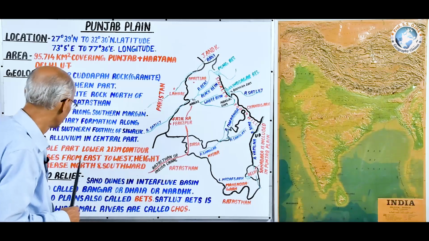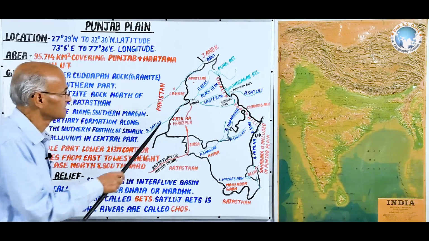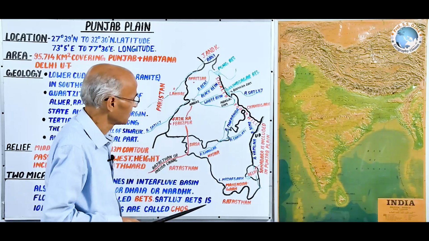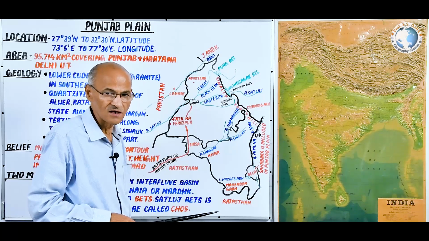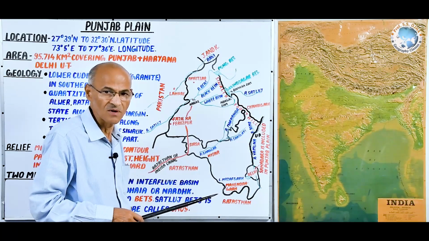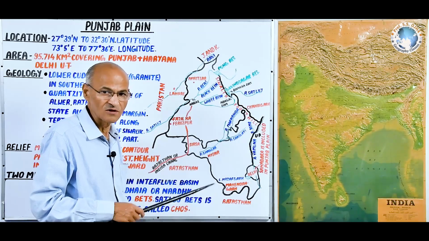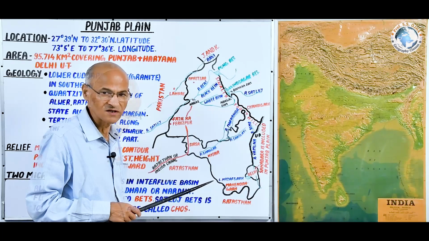Thus, there is topographic variation, and this plain is saucer shaped. If its shape is clear, then it will help us explain the winter rain by the western disturbances.